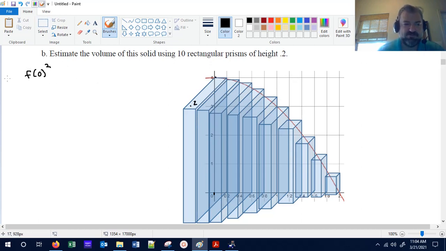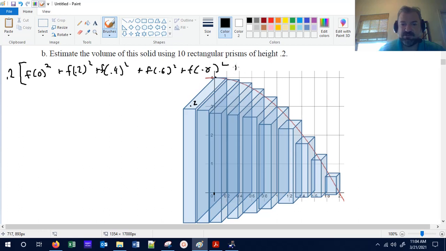But you know what I'm going to do? I'm just going to say 0.2 times the whole thing. So then I'll be doing f of 0.2 squared plus f of 0.4 squared plus f of 0.6 squared plus f of 0.8 squared plus f of 1.0 squared plus f of 1.2 squared plus f of 1.4 squared.